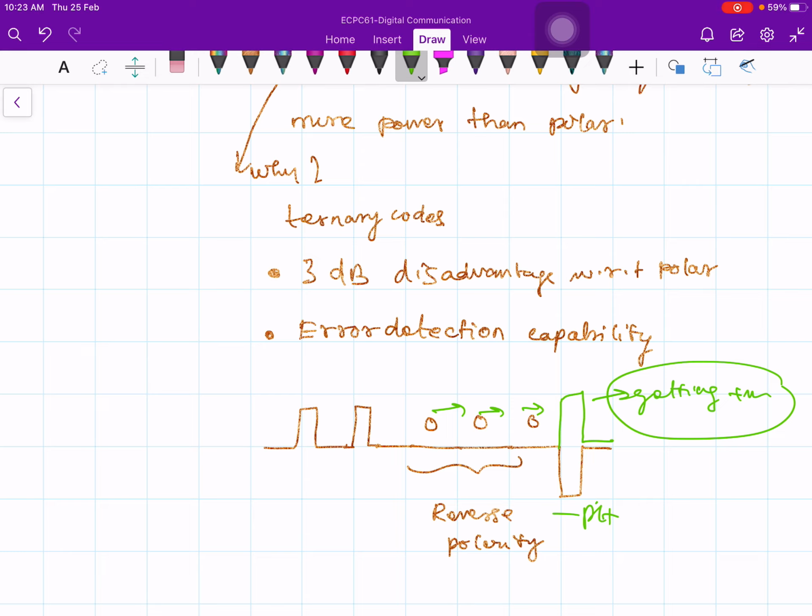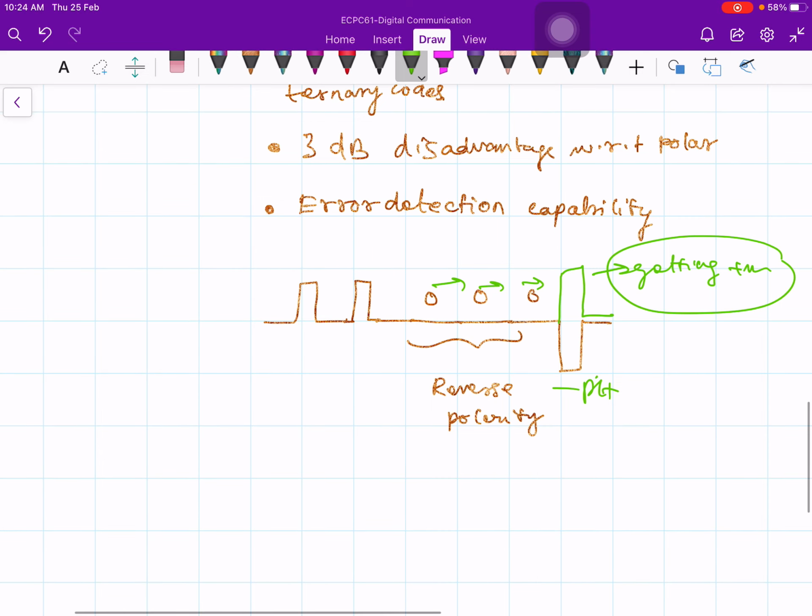So all the properties that we have seen for bipolar are valid for duobinary, with the added advantage that the bandwidth is only half of it. It is more or less similar to bipolar, except that the bandwidth advantage is very important.